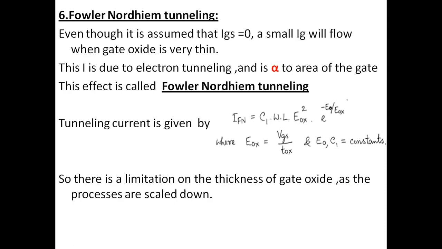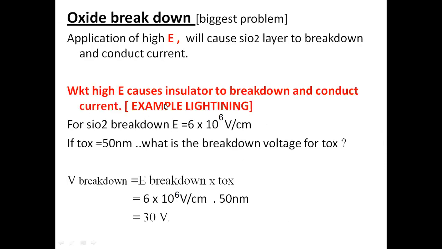So we do have a limitation on the thickness of the gate oxide. One such effect we call oxide breakdown. The biggest problem we face is oxide breakdown, where the oxide layer can go to a damaging level.